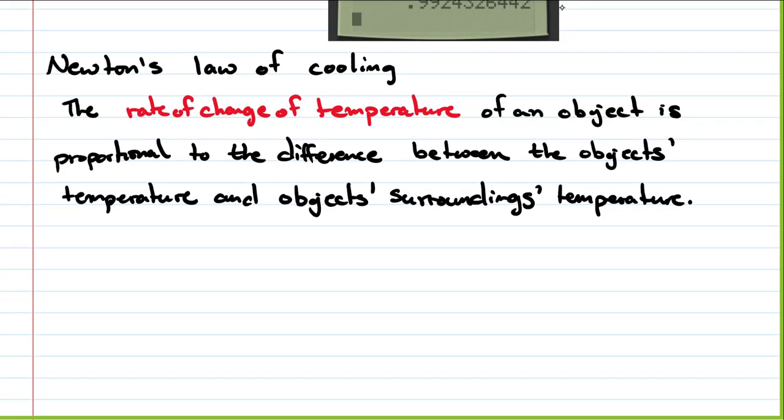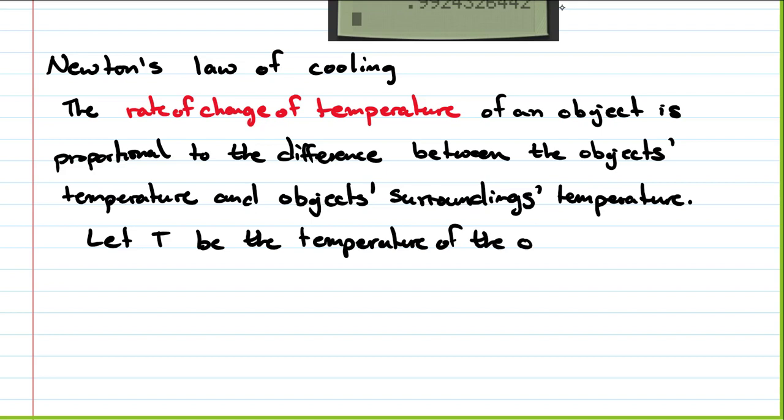So what does that mean? That means that the derivative, the rate of change of the temperature of an object, so capital T. Oh, before I do that, I should define that. So let capital T be the temperature of the object. And little t is time.